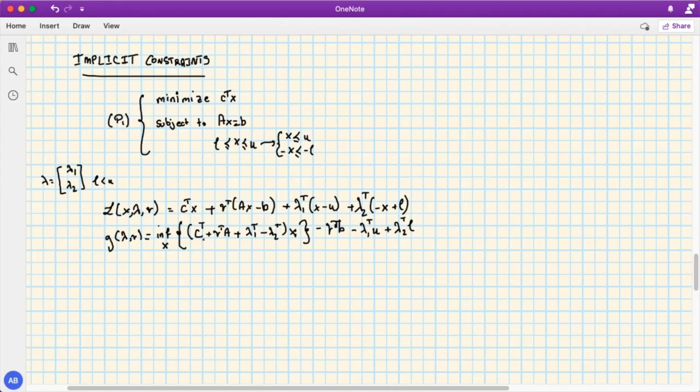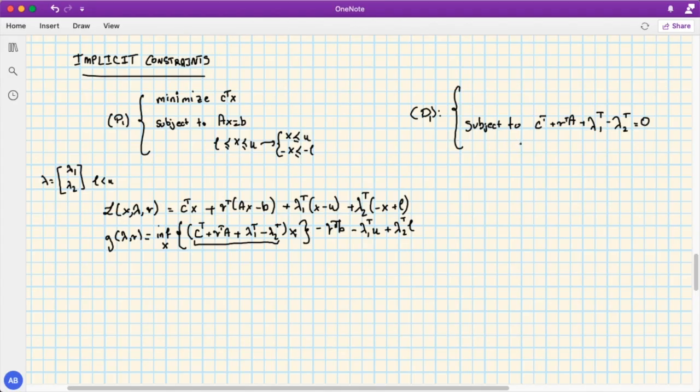So if we impose that all this is 0, if I were to write problem D1, I would have to impose this constraint: c transpose plus nu transpose A plus lambda 1 transpose minus lambda 2 transpose is 0.